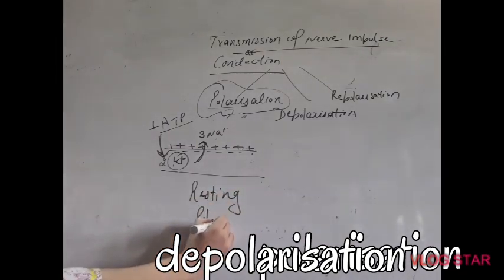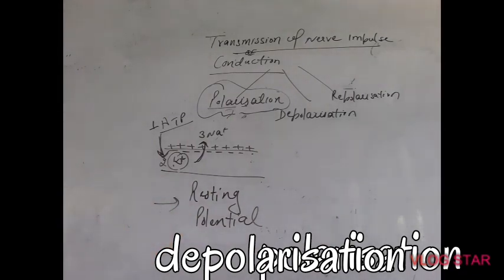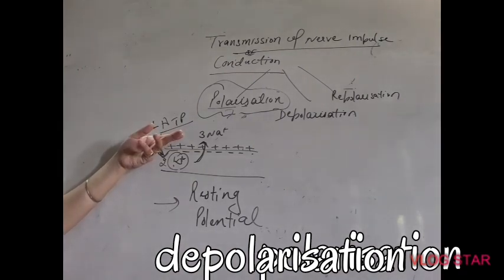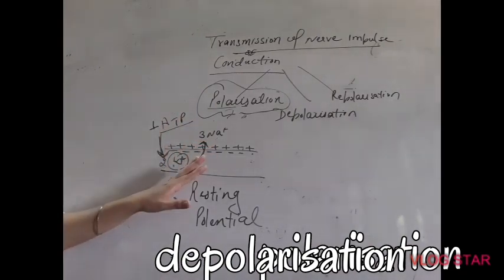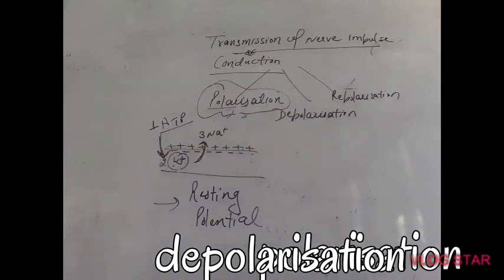So, at this stage, the nerve fiber can also be said to be at a resting potential. When it doesn't carry any impulse and it has positive charge outside the axon membrane and negative charge inside the axon membrane. And how do these charges develop? We have studied. Now, move on to the next stage, depolarization.